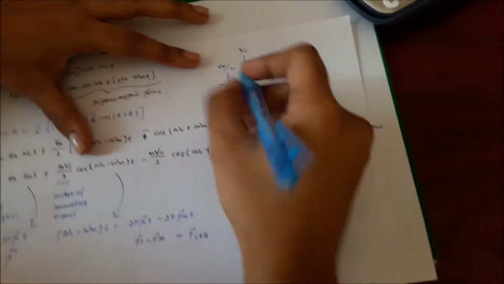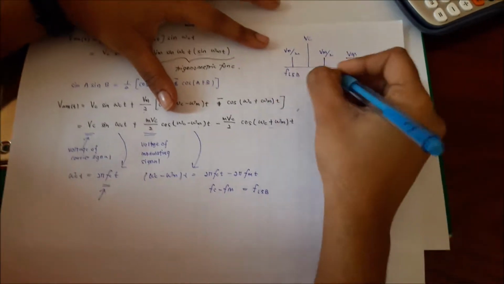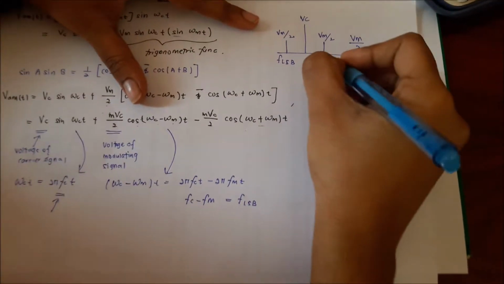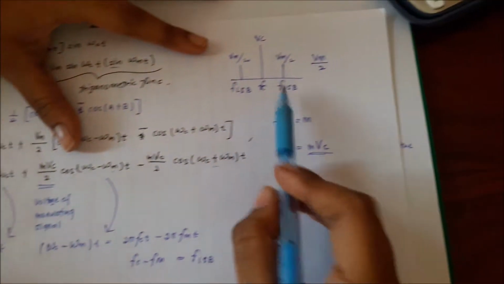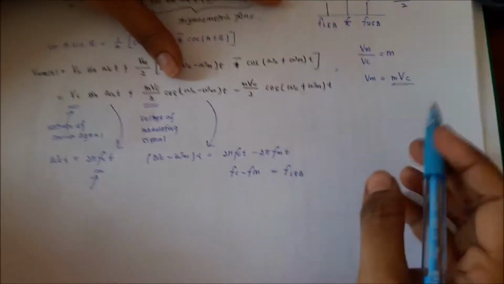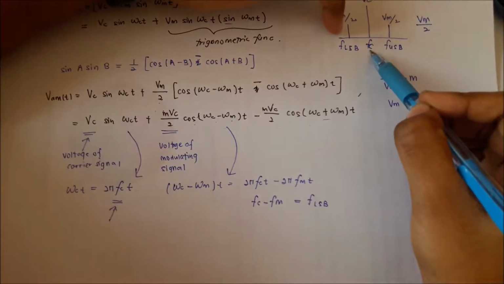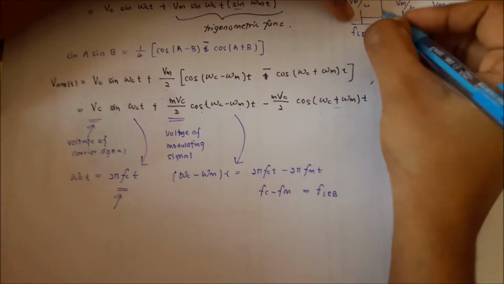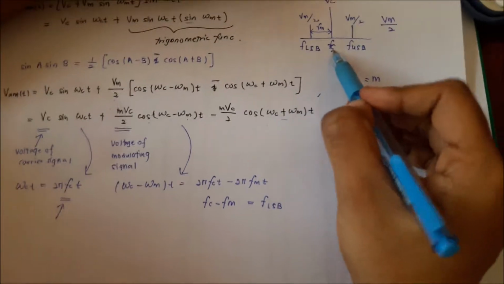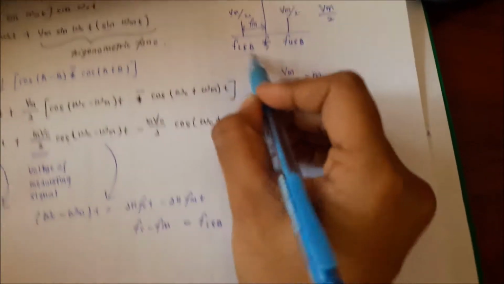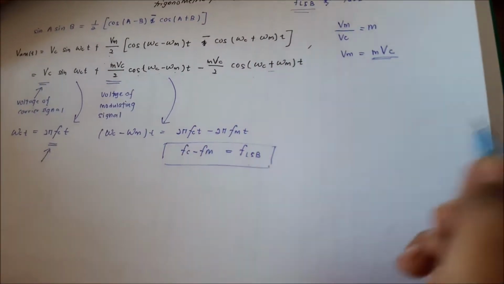If you take a look at this spectrum, FLSB is located here, your FUSB is located here and your FC is here. If I take my FC minus my FM, I'm going to get my FLSB. That's proven here. So this is one equation.